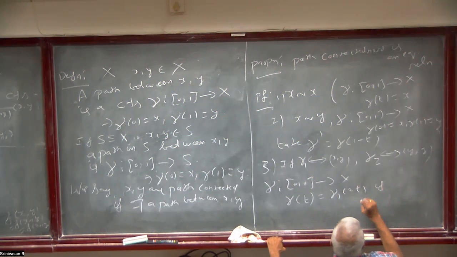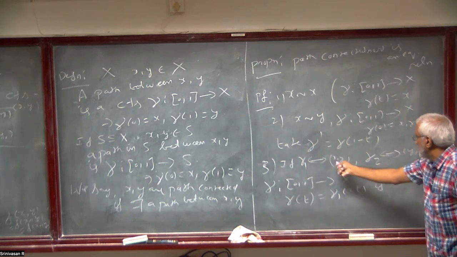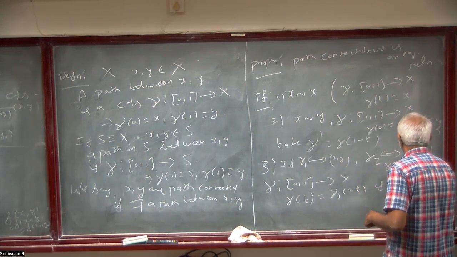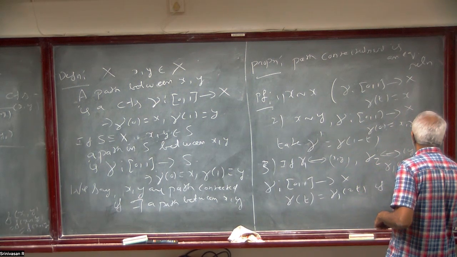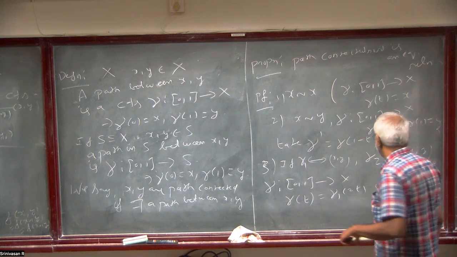It's important that gamma 1 of 1 should be equal to gamma 2 of 0, because both are Y. They are equal, so this will be well defined.